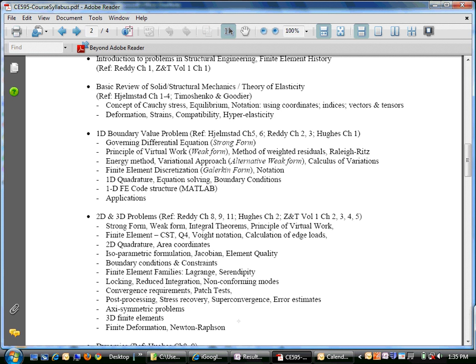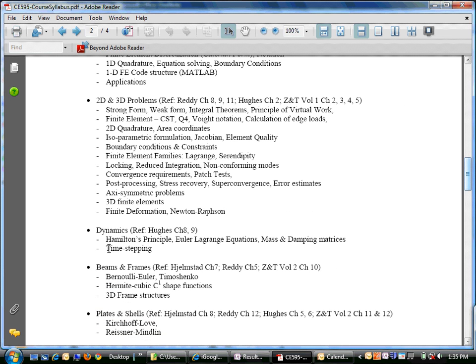I'm curious, how many of you would have liked to see some finite deformation nonlinear problems? Okay, a few of you. So I guess for that we should have approached chapter 2 in a little different way. But anyway, we also had dynamics and time stepping.